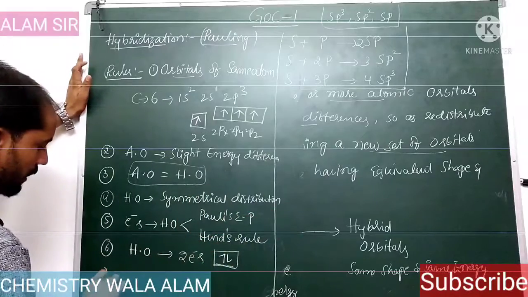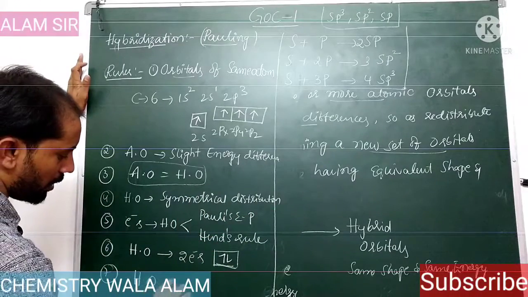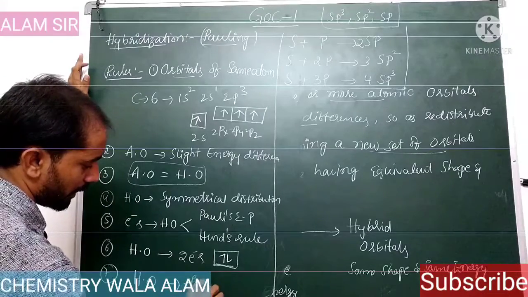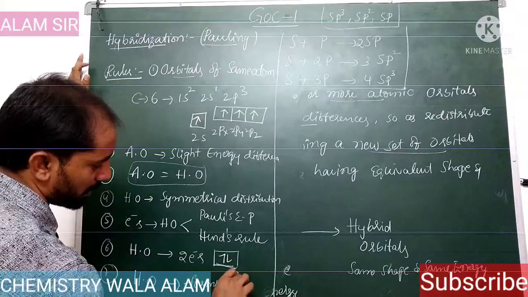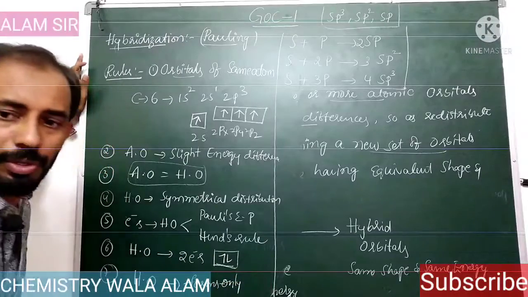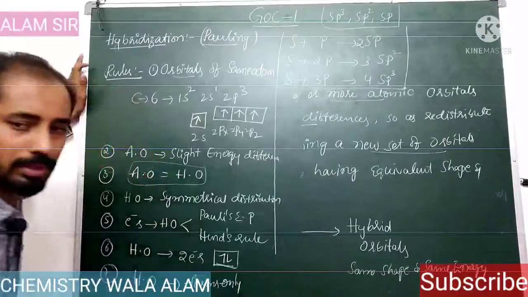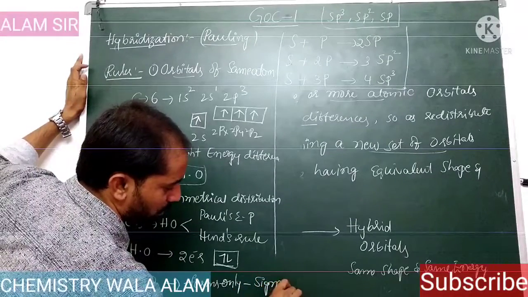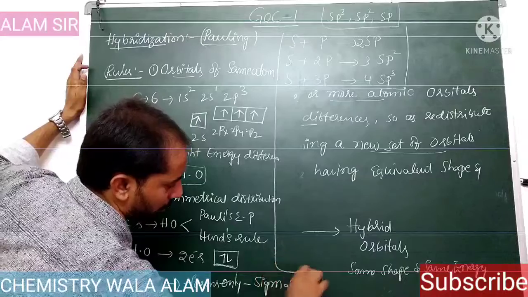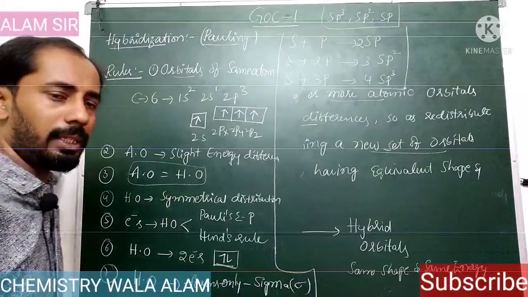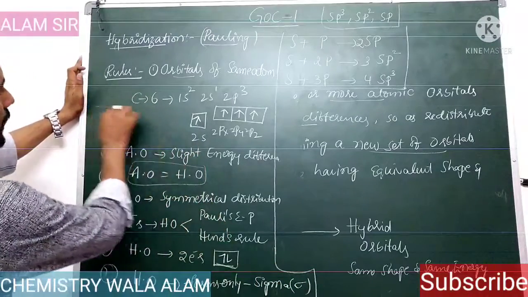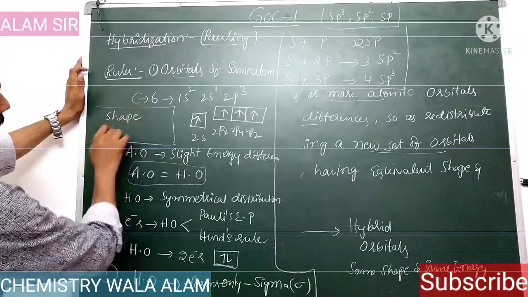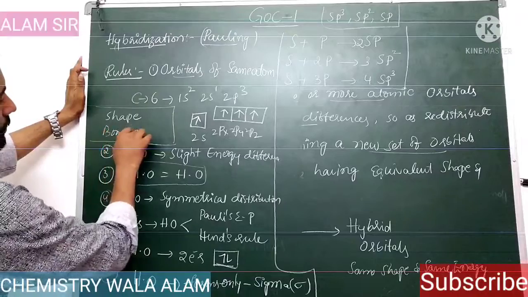These hybrid orbitals can form only sigma bonds. They won't form any pi bond. These hybrid orbitals are mainly involved in predicting the shape and also the bond angles.